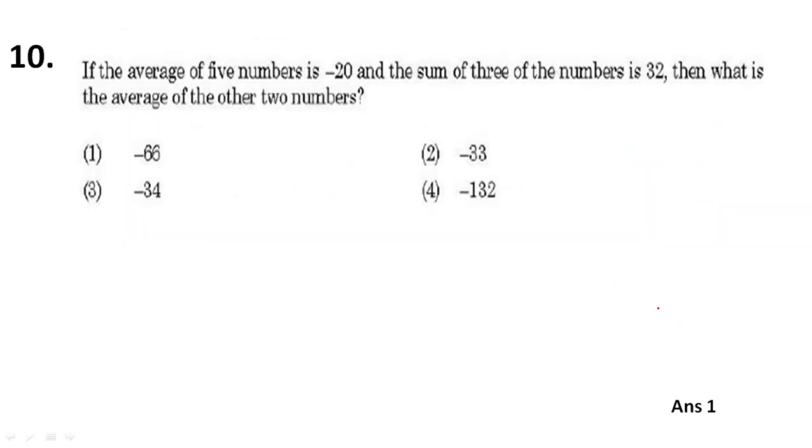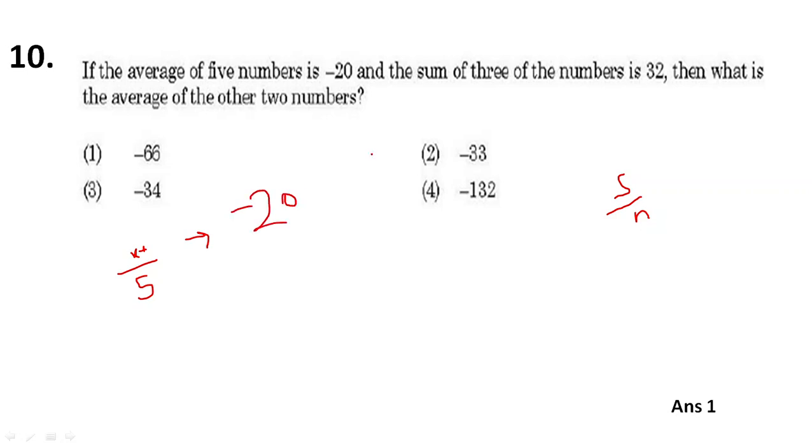And the last question is, if the average of five numbers is minus 20, you have x1, x2, x3, x4, x5, and their average. We know the formula for average is the sum of the numbers divided by the total number of numbers, right? So you have five numbers and their sum divided by 5 is minus 20.